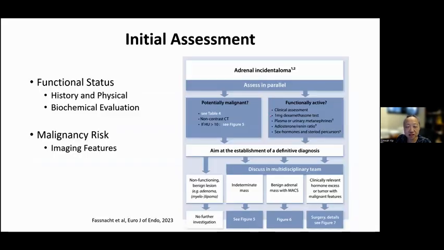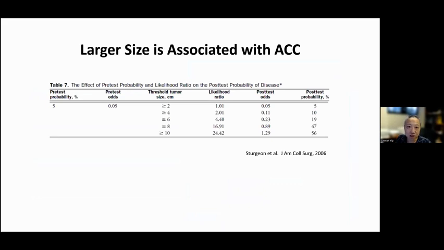And so ultimately, a lot of the initial assessment relies on imaging and assessment of imaging features in order to assess whether or not we need to be concerned about cancer. We all carry around in our heads that larger size is associated with ACC. There is a lot of data to support that. This is one of the earlier studies by Sturgeon et al.